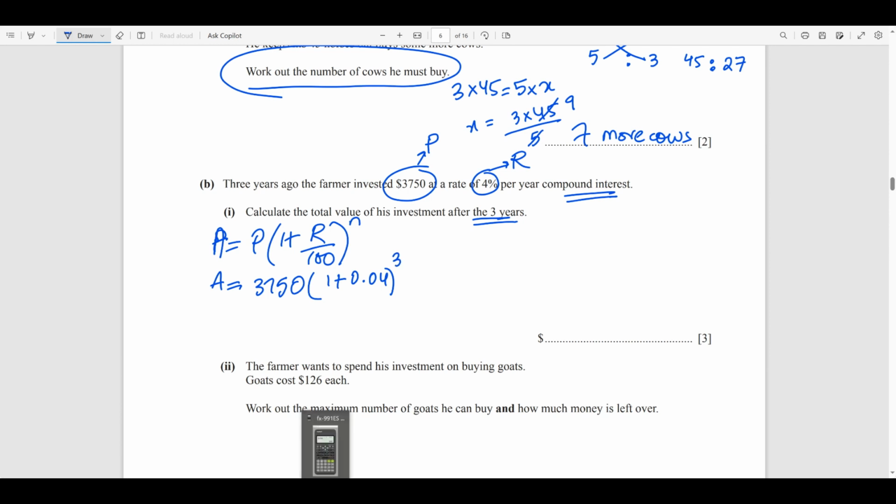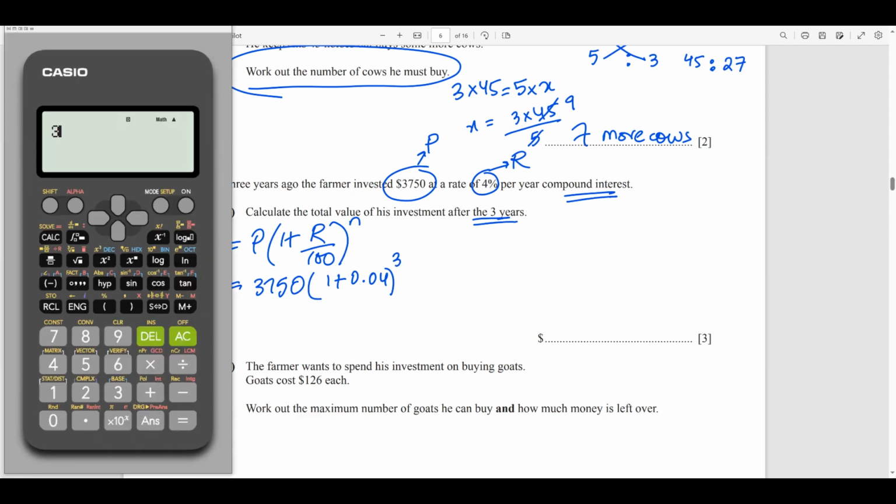Right. Let me quickly use the calculator. 3750 times 1.04 to the power 3, right?